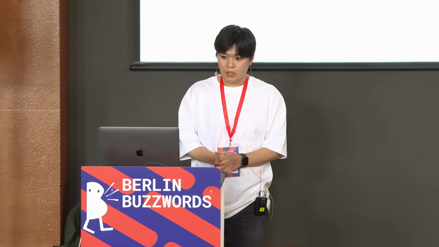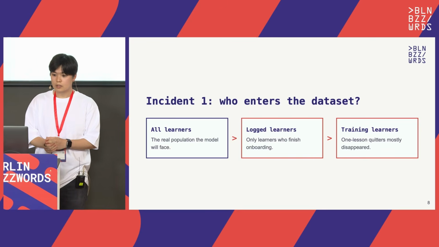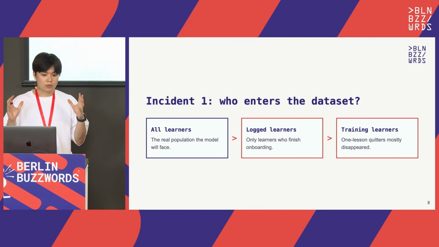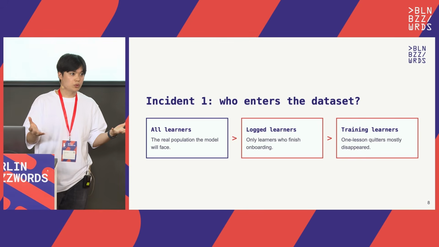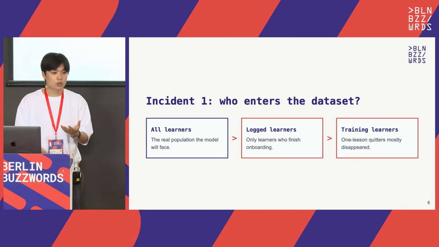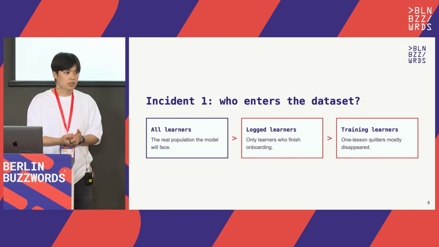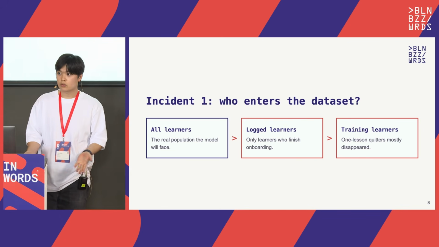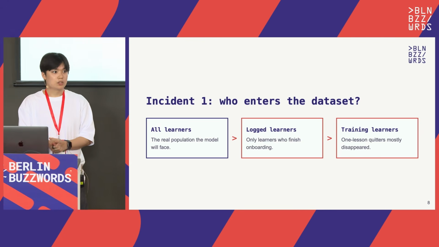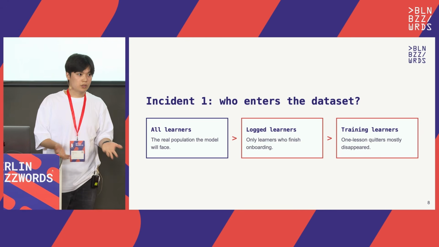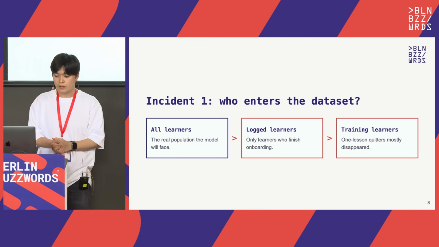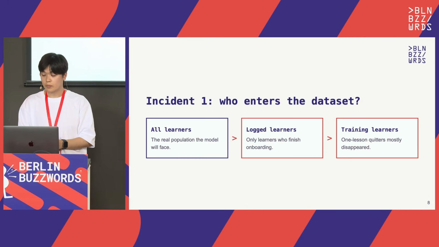So we plotted the distribution of all learners the model sees during production, during actual inference. This is the real population the model faces during deployment.